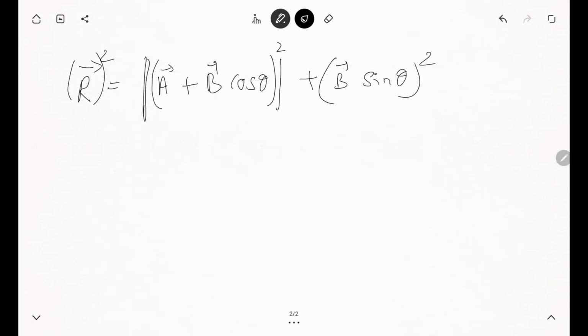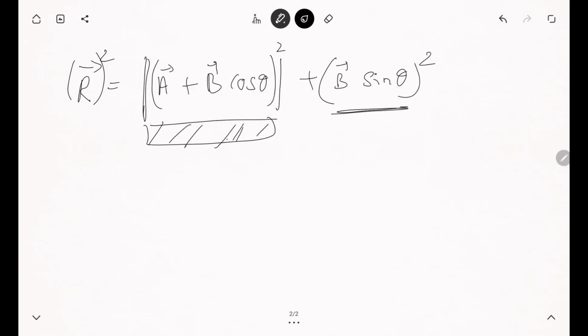The absolute value of a vector plus b vector cos theta whole square plus b vector sine theta the whole square. Now, we'll leave this part away as of now and get to this part.